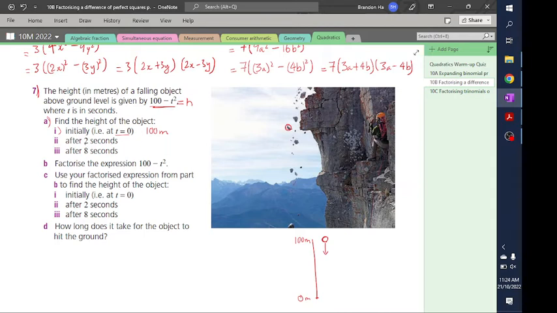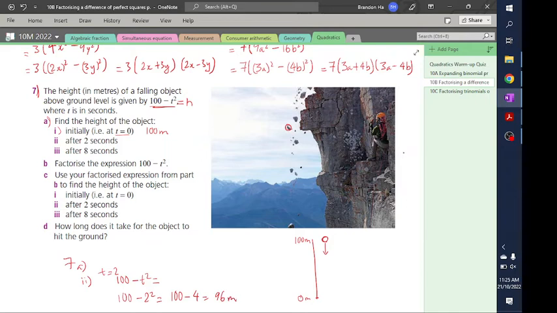So we need to substitute 2 into t. Let's write that in. So 7a number 1, number 2. So we take 100 minus, for number 2 we got t equals 2, so we take t squared: 100 minus 2 squared, that will be 100 minus 4, and 96 meters.